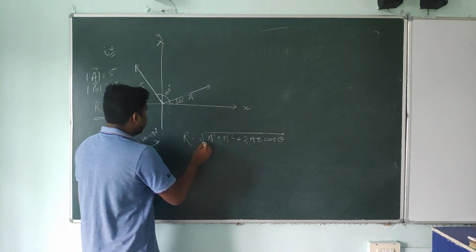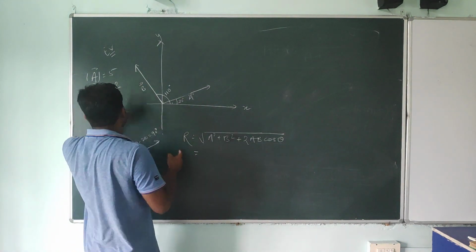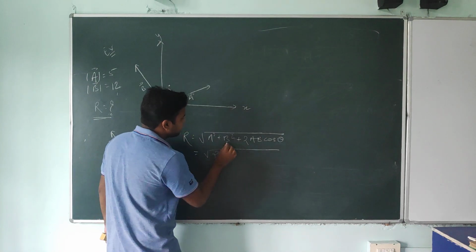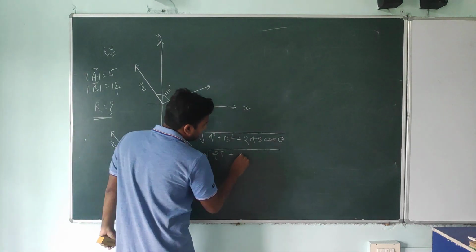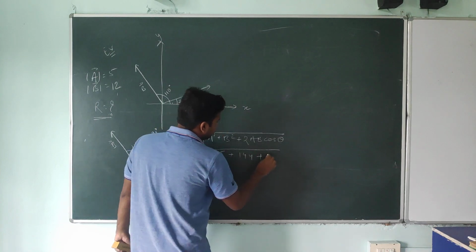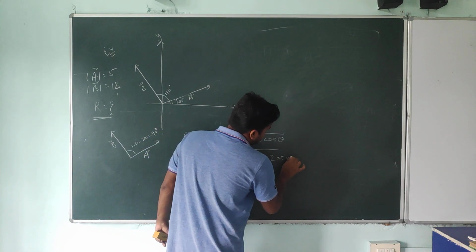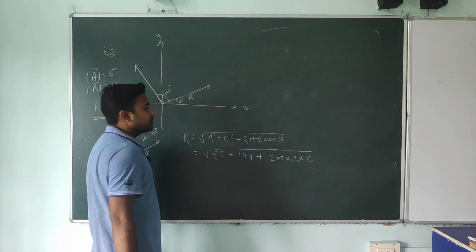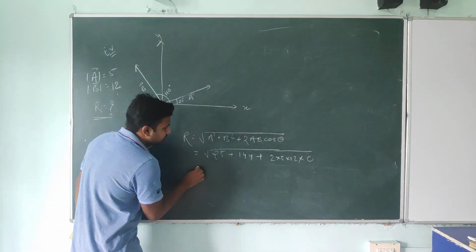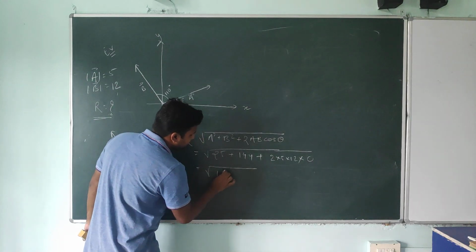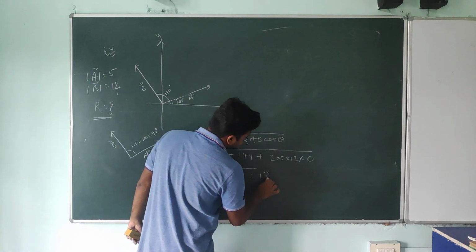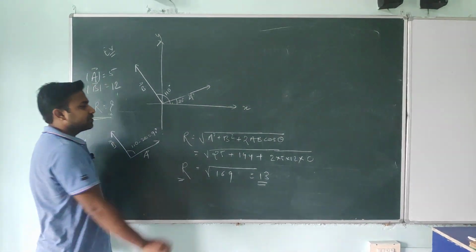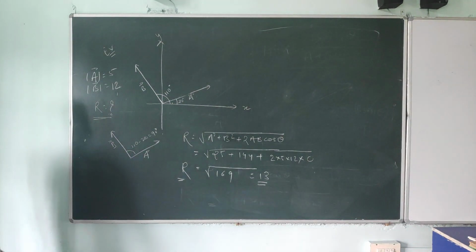A is 5, so root under 25 plus B squared, 12 squared, 144, plus 2 into 5 into 12 into cos 90, which is 0. If you multiply something with 0, you get 0. So this is 169, root of which is 13. So the magnitude of the resultant vector is 13.